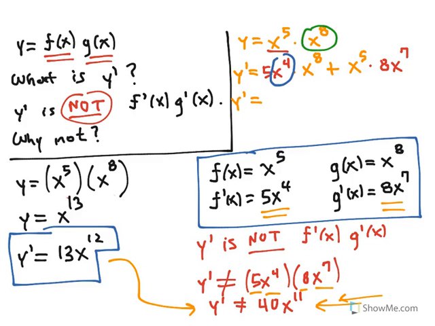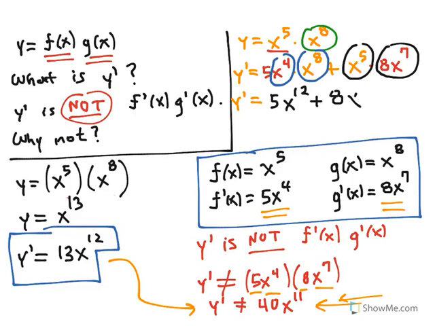So we have y prime is equal to, you have a product of two powers with the same base, so you can add the exponents and you get 5 times x to the 12th, plus, here you have the constant 8, and then you have a product of two powers with the same base. X to the 5th times x to the 7th will be x to the 12th.